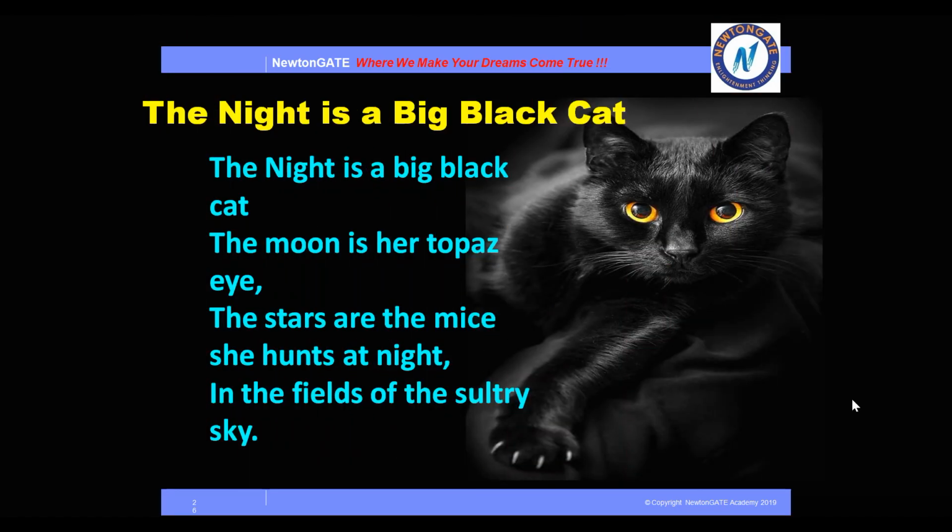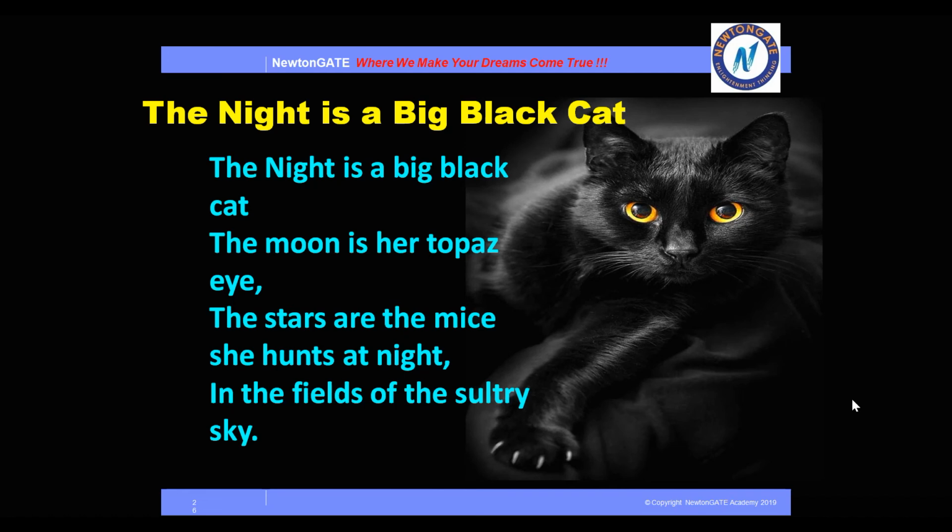The night is a big black cat, the moon is her topaz eye, the stars are the mice she hunts at night in the fields of the sultry sky. Now who will tell me what kind of figure of speech has been used in this poem? Yes, my dear, you are correct. So the figure of speech used here is the metaphor. And why is it so?